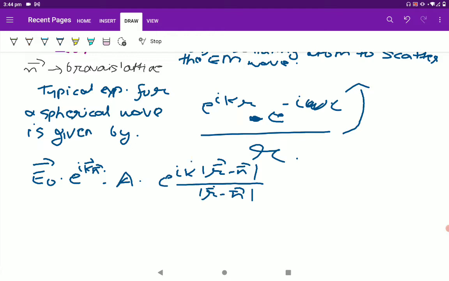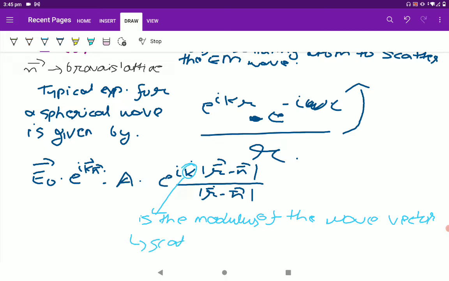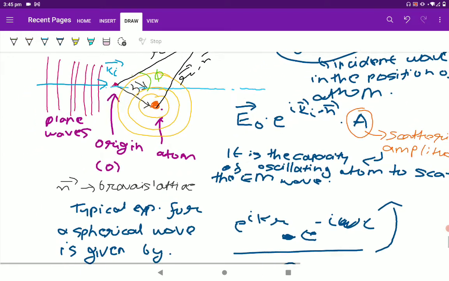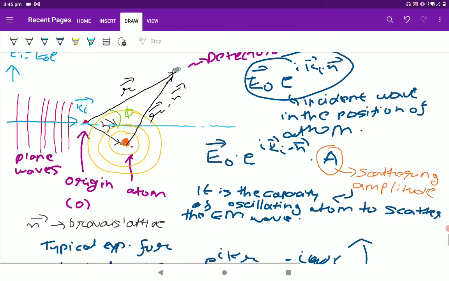Here this k is the modulus of the wave vector. Which wave vector? This scattered wave vector, which is in the direction of r, this direction, which you are observing from this diagram.